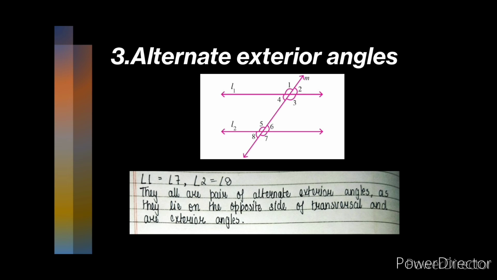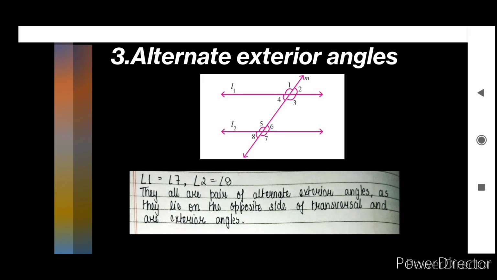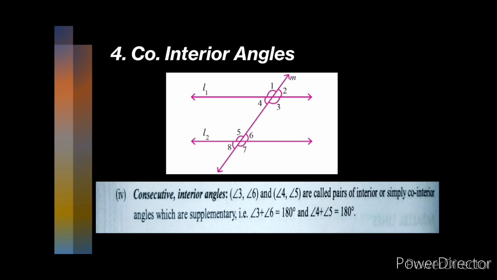Angle 1 is equal to angle 7, meaning they lie on opposite sides of the transversal, one on the right side, one on the left side, and angle 2 is equal to angle 8. So they are a pair of alternate exterior angles as they lie on opposite sides of the transversal and are also exterior angles. So without any further delay, let's move to our next topic, that is co-interior angles.